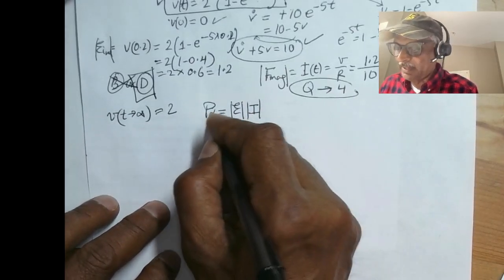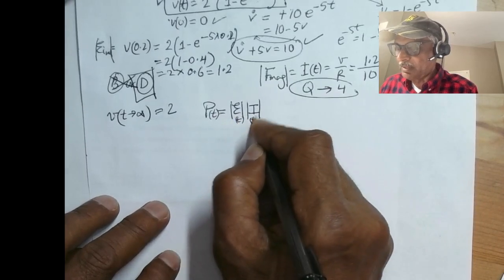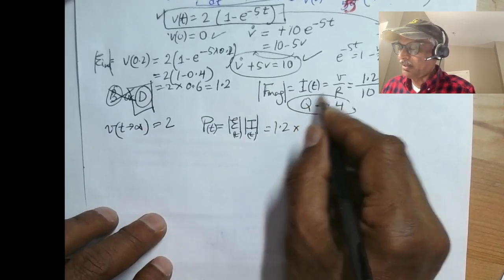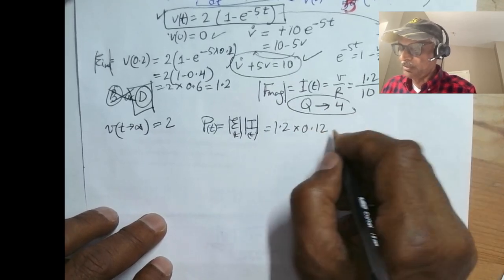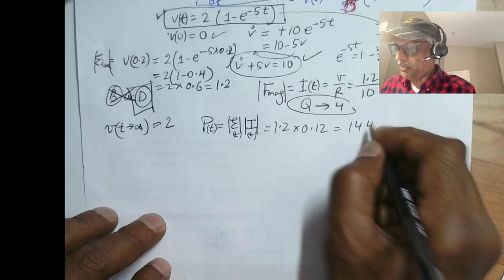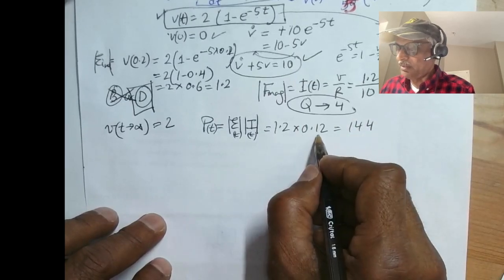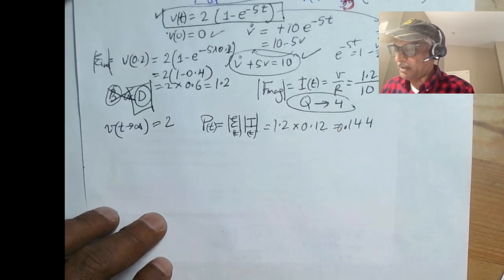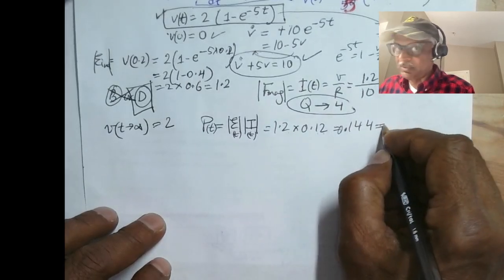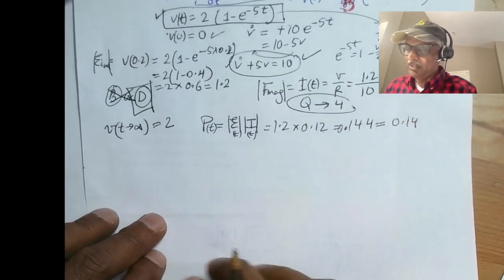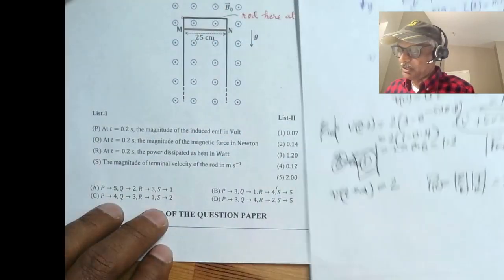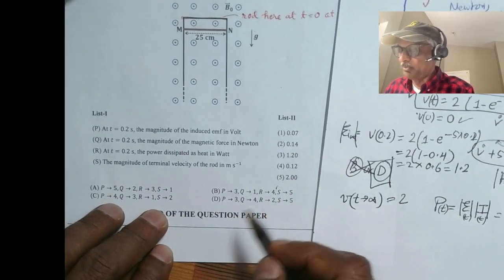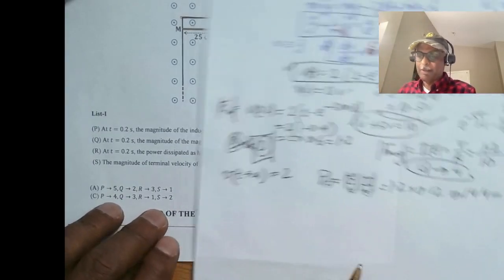You found E induced is 1.2 and the current we found 0.12, so 144, with 3 decimal places, rounded up is 0.14. So let's see, you have a 0.14. Yes, we have an answer 2, and that confirms our belief that it was D. So D is the answer.